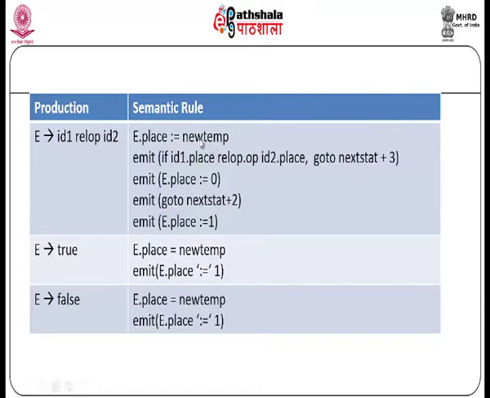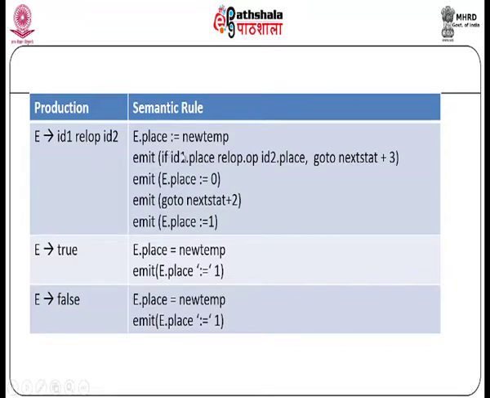Here ID1 dot place is one address, ID2 dot place is another address, and this is the address which I am going to go to. So, I have three addresses here to handle this, and this is the conditional jump: if x less than y go to some label L1. These 5 statements will be generated as three address code for this particular piece of expression.